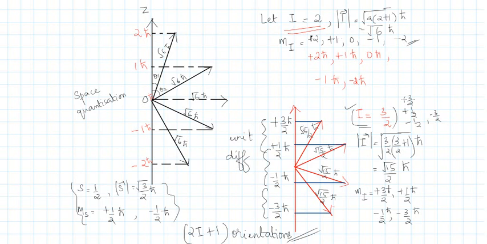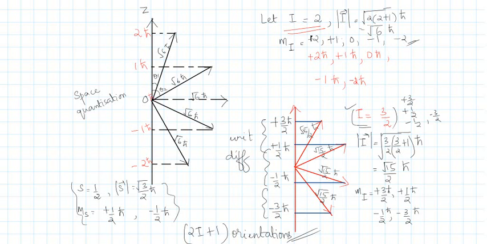If you are to evaluate these angles, it is possible by just finding the cosine of this angle from this triangle, because you know this length and you know this length. So these are the 5 different orientations possible in the case of I equal to 2.